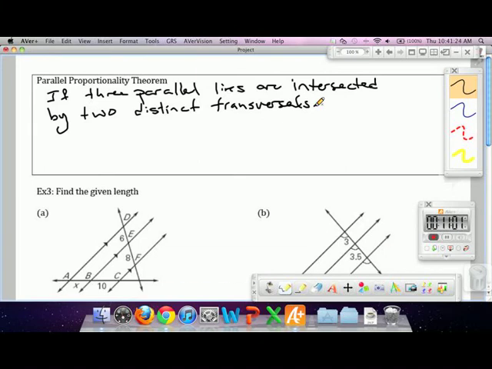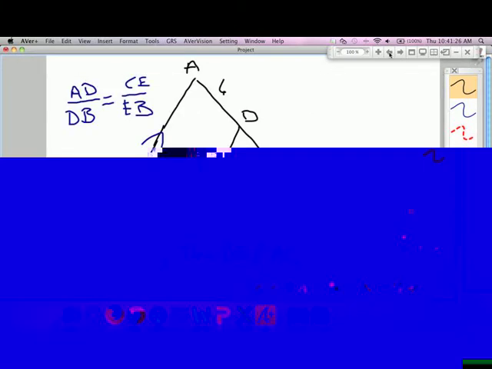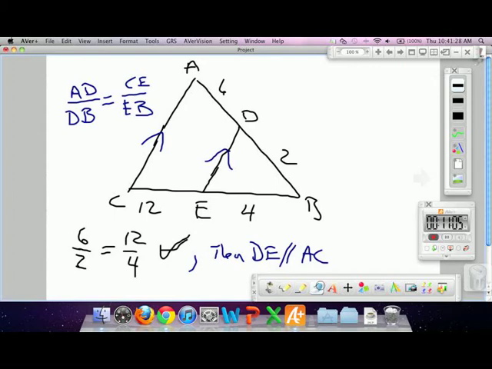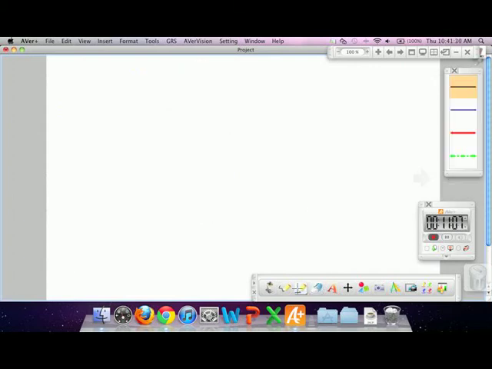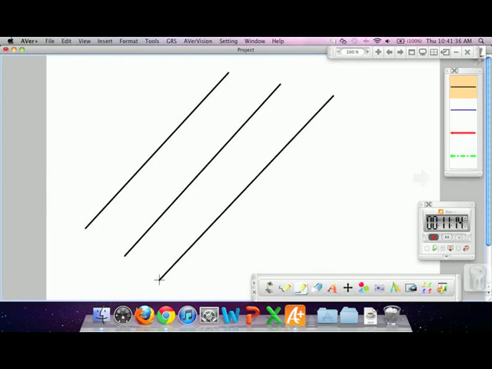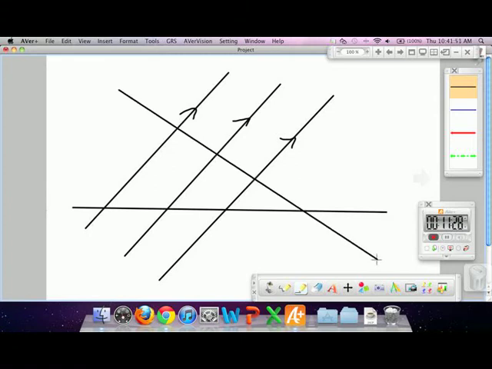So like a drawing might look like, say I have 1, 2, 3 parallel lines, and I'm going to intersect them with two different transversals. Those are all parallel. There's one transversal. How about there's a second transversal?